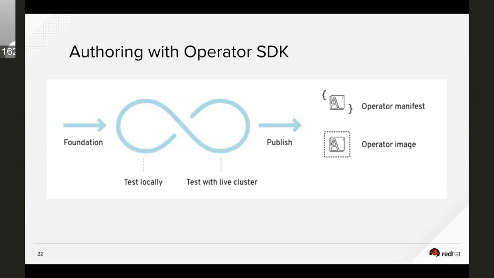So we've got some RBAC that gets generated for you. Then you've got the container image itself. And so the SDK will build that image, and then you can publish it on any registry that you like. We prefer Quay.io. And so those are what your end users need to run your operator on the cluster: they need this manifest and they need the image.